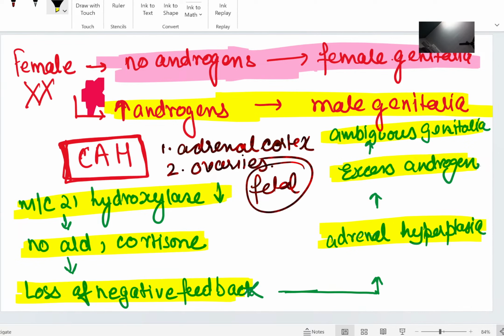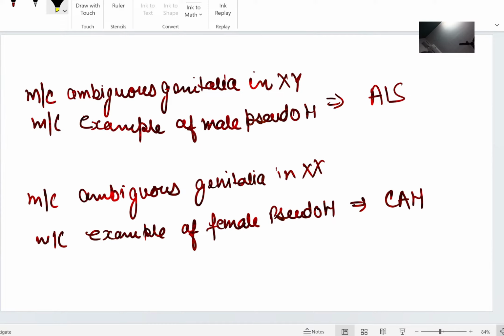In the male, what will be there? Precocious puberty. In the male, there will be precocious puberty. So, what is the most common reason for ambiguous genitalia in male?